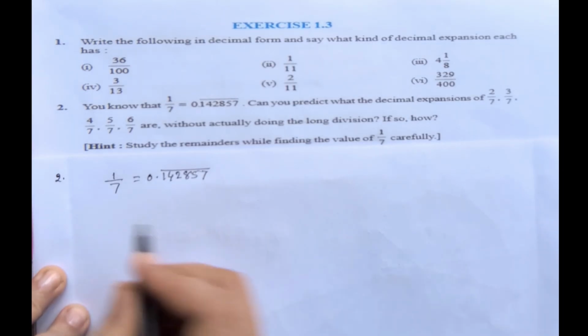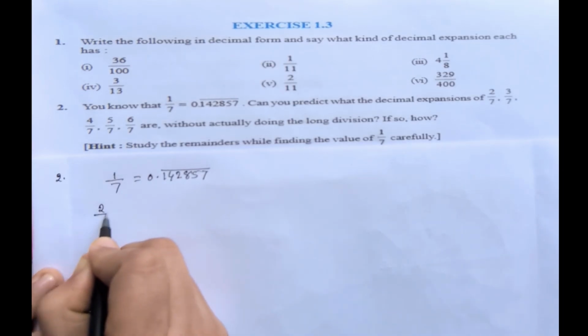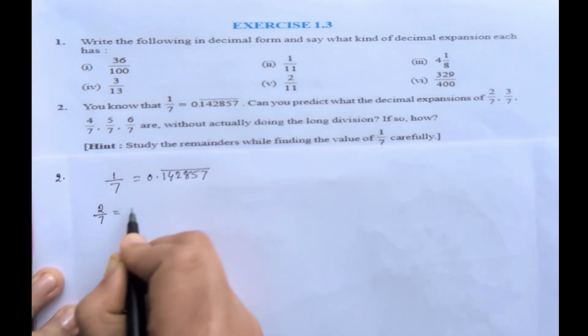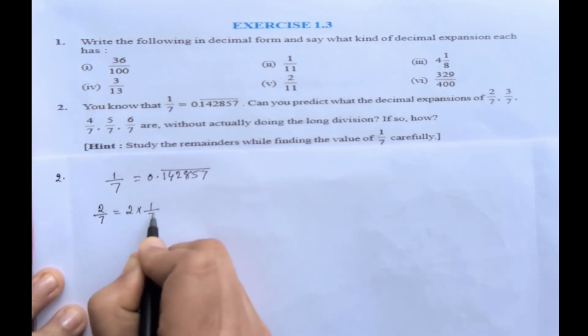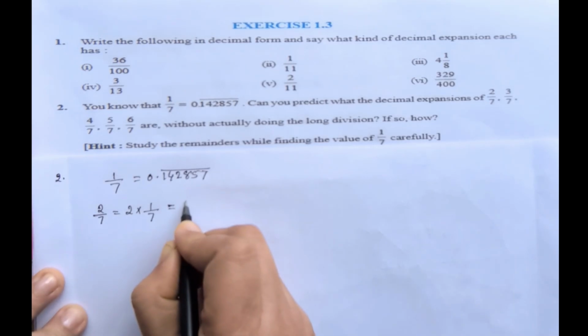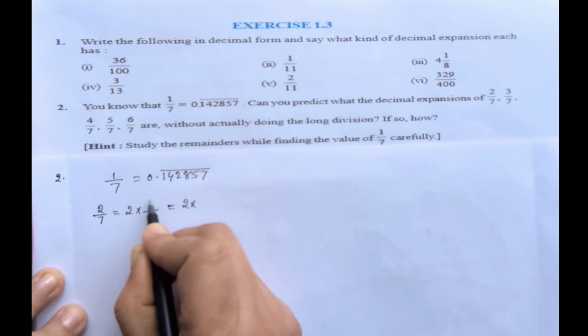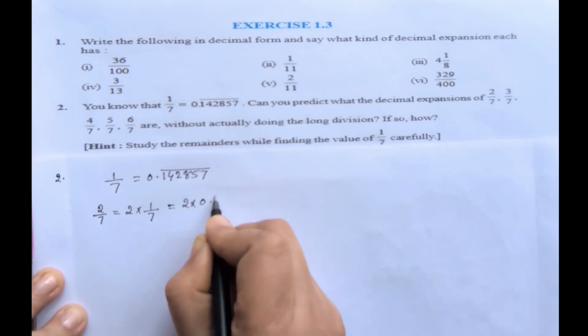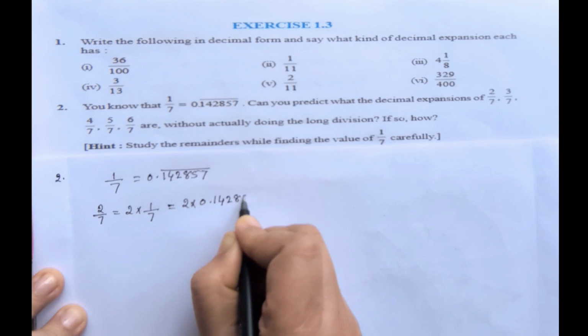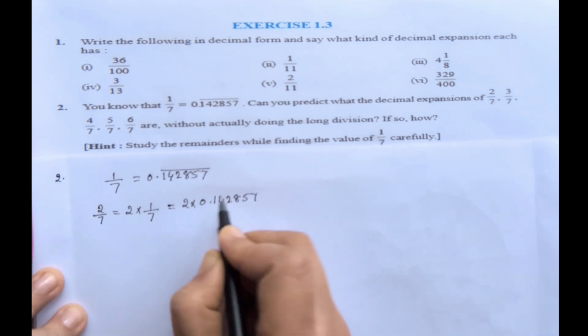Now 2 by 7 is equal to 2 into 1 by 7, which is equal to 2 into 0.142857.